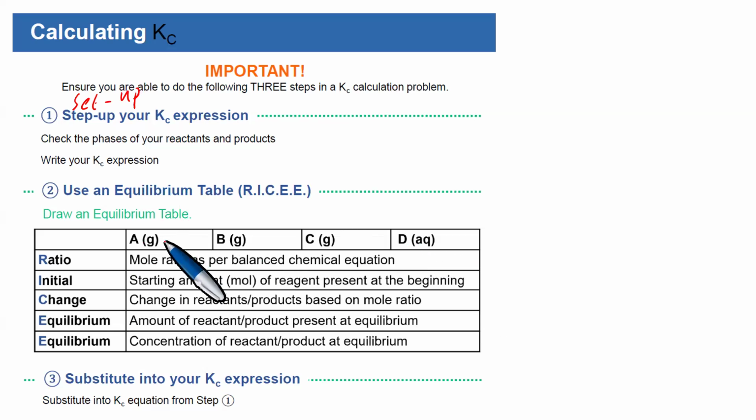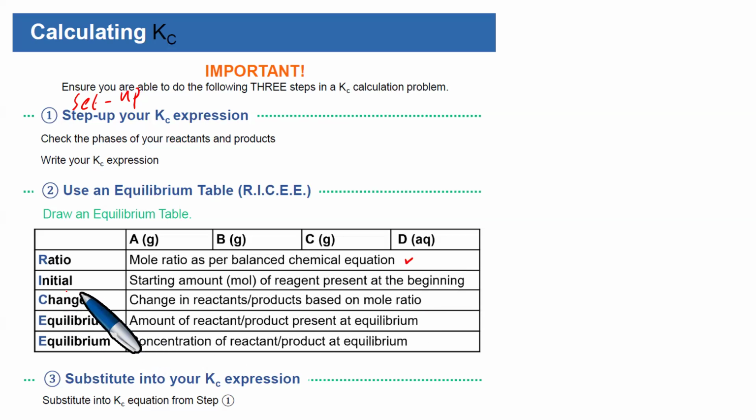For instance, A is a gas, B is a gas, C is a gas, and D is aqueous. The mole ratio is as per the balanced chemical equation.